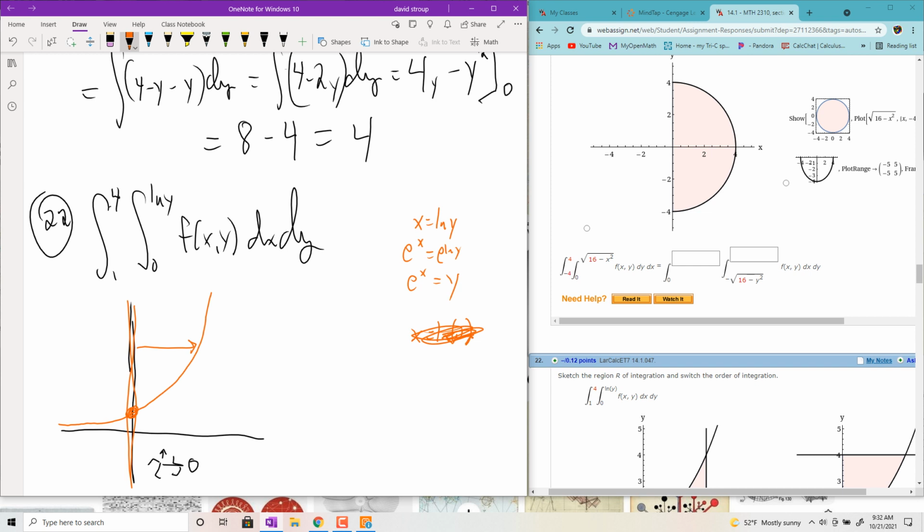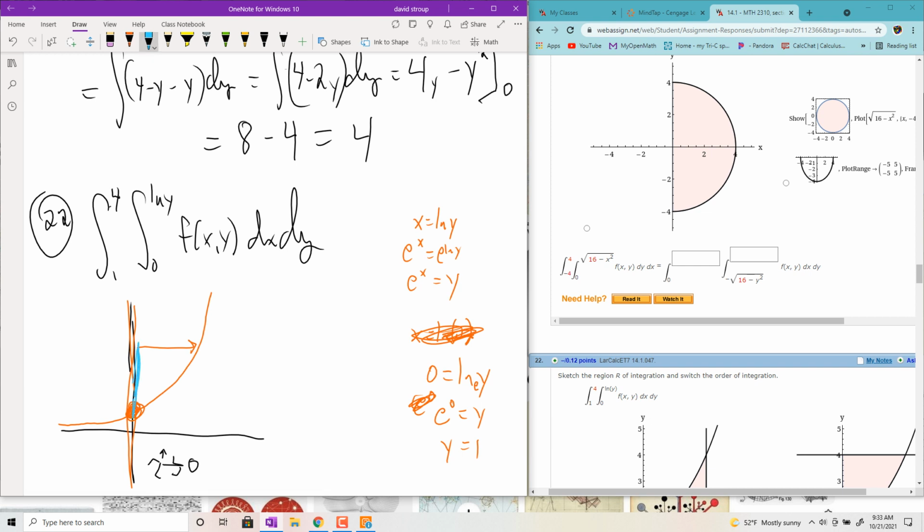So x is 0 at the y-intercept, and then you have to solve this equation, right? So exponentiate both sides, or you could just say e to what power, e to the 0 power is equal to y, right? Because ln is just log base e. So you're saying e to the 0 equals y, so y must equal 1. So yeah, that point right there when they intersect is 1.